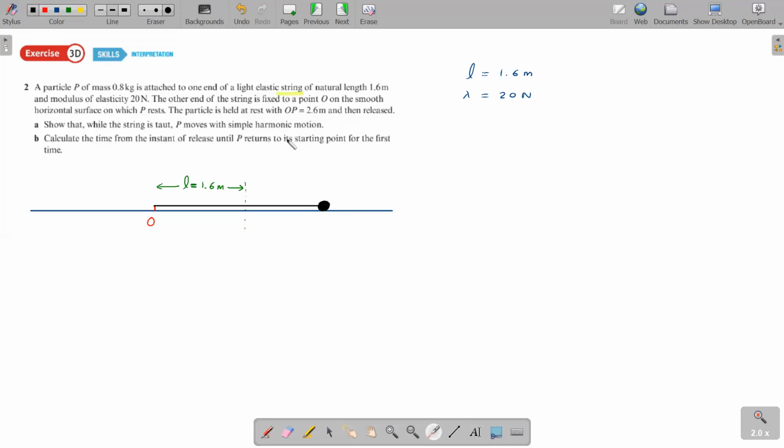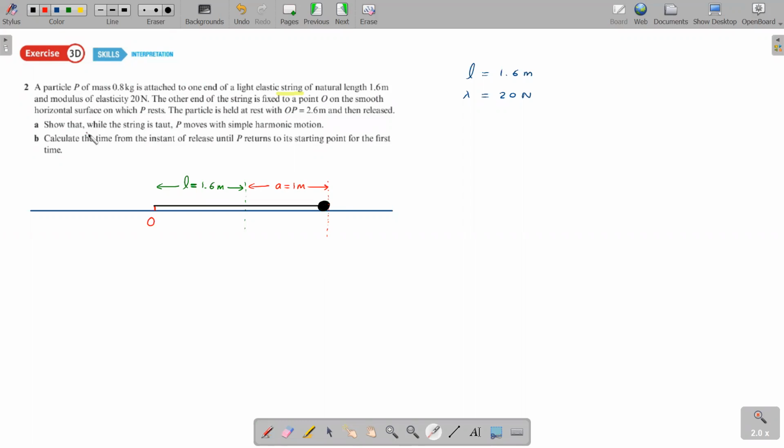Initially, we are pulling it to a distance of OP is 2.6, natural length is 1.6. O to P is 2.6 means we have pulled a distance of how much? 1 meter. And the amount that you initially displaced from the natural length becomes immediately what? The amplitude. So the amplitude is 1 meter. Amplitude is the maximum x value.